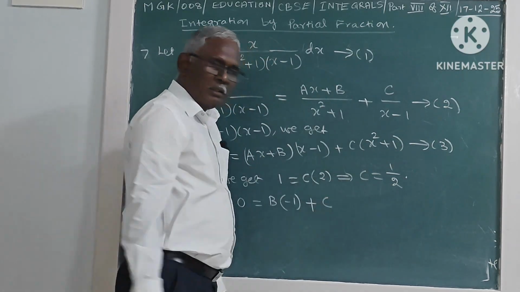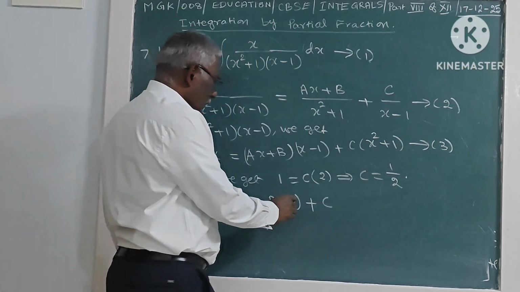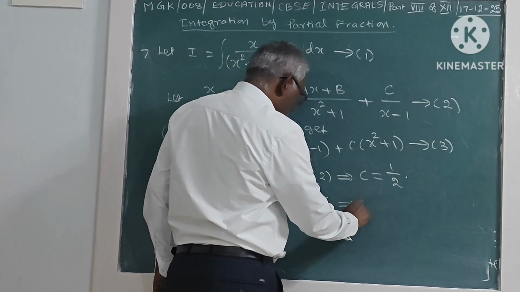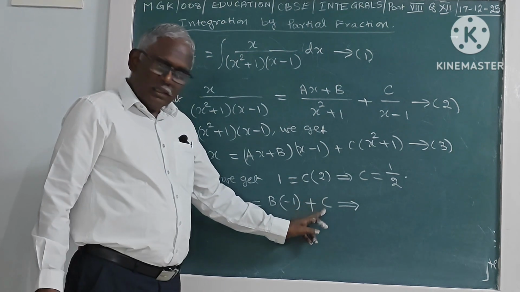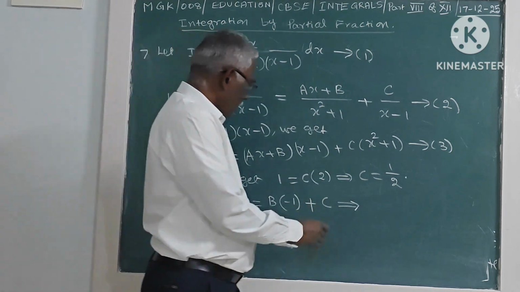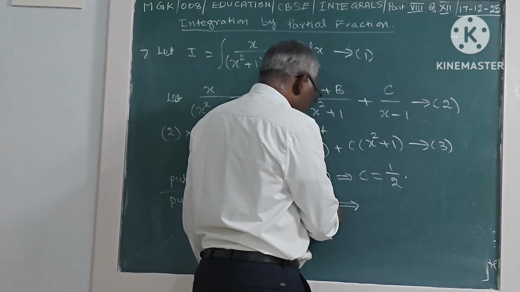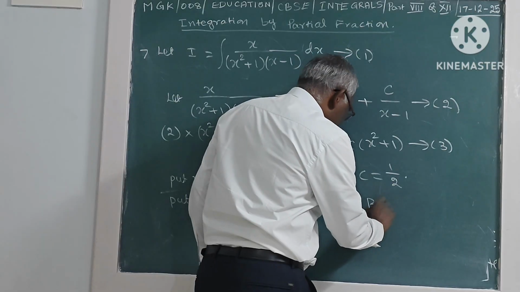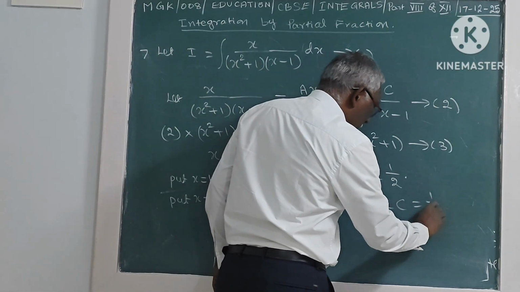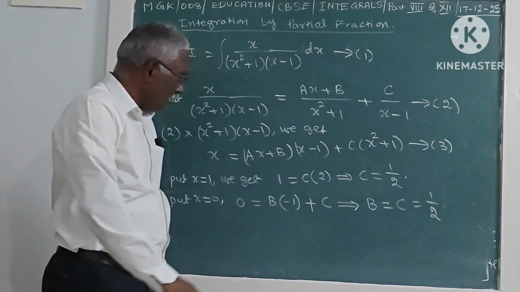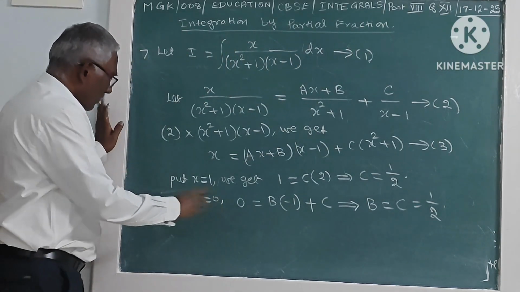So c into 1 is c only. So we can see here minus b plus c is equal to 0. So that means the value of b is equal to c is equal to half. Put x is minus 1.